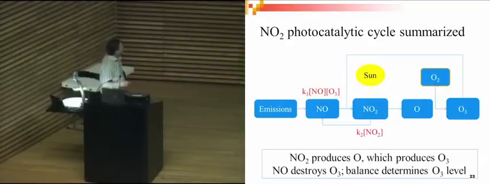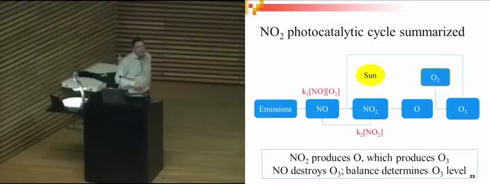So you see again we have a balance. The nitrogen dioxide produces free oxygen, the oxygen atom which produces ozone, and yet we have NO that's going to destroy ozone, and that balance is going to determine the ambient ozone level.